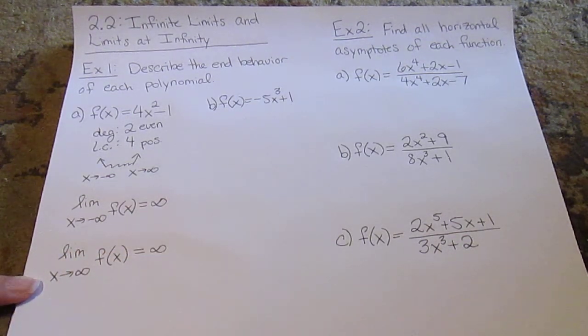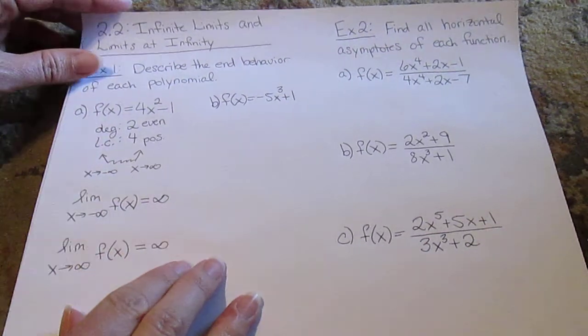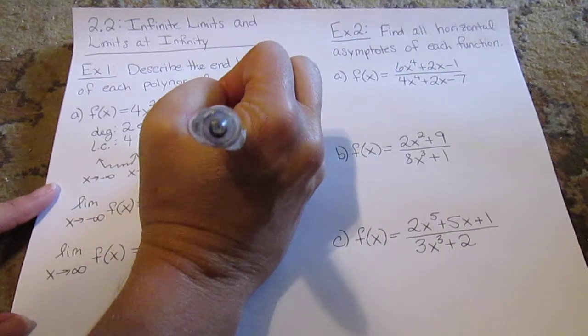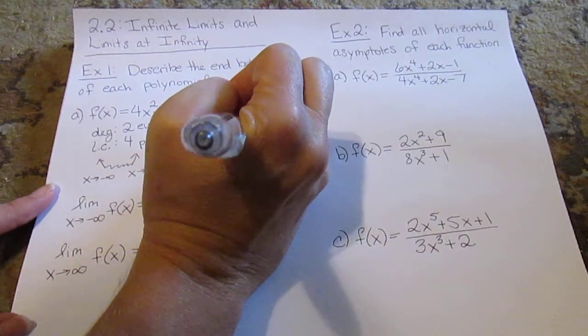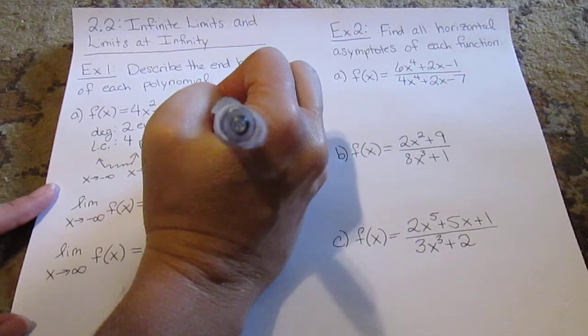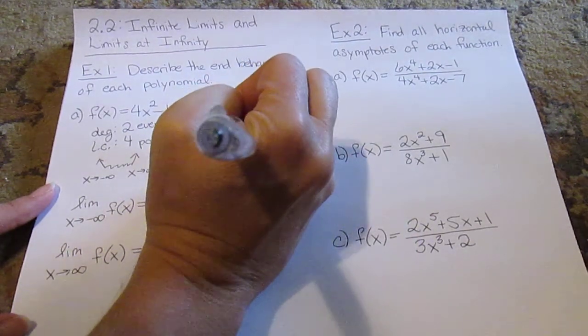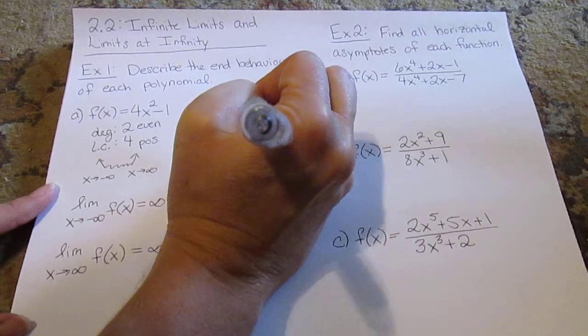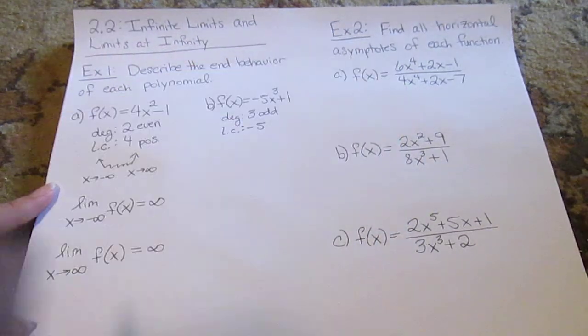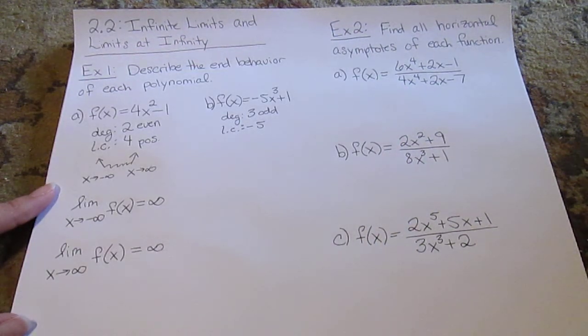Let's take a look at another example. Okay, so in this one, our degree is 3. And our leading coefficient is negative 5. So my degree this time was odd. Remember, that means it's going to be opposite directions.